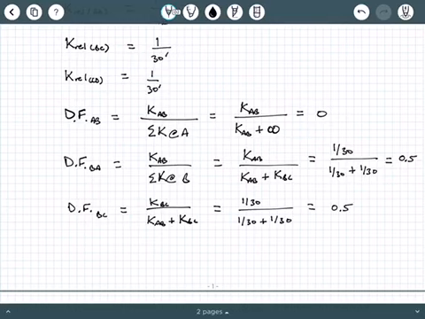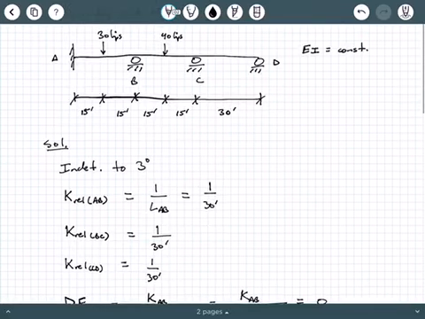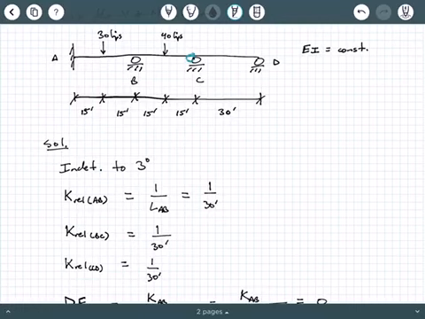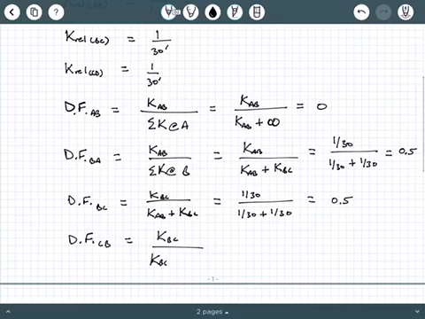And then we're going to get distribution factor CB. Okay. We're still in the same span of BC. We divide by KBC. And then what else is connected at C this time? So again, we're right here. What's connected at C? Well, CD.